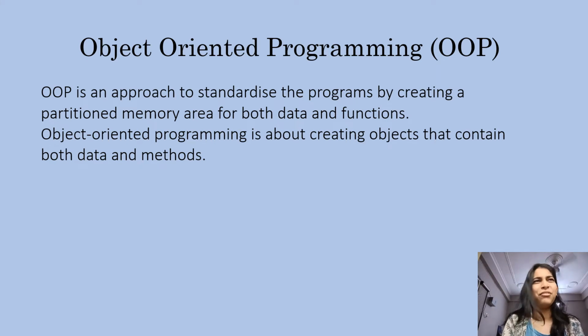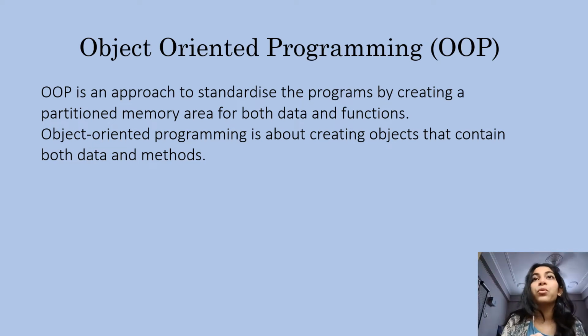Now, why did we need to know all the information that we learned about in the past 5 minutes? To understand object oriented programming, right? So, in contrast to procedural oriented programming, object oriented programming is an approach to standardize the programs by creating them in a partitioned memory area for both data and functions.